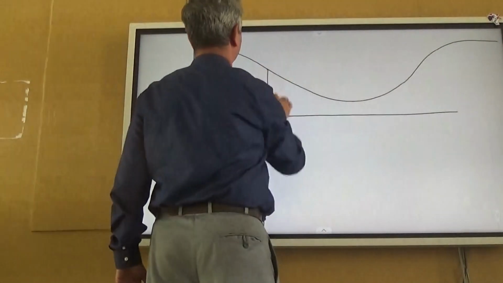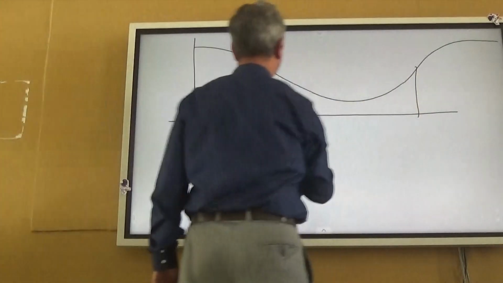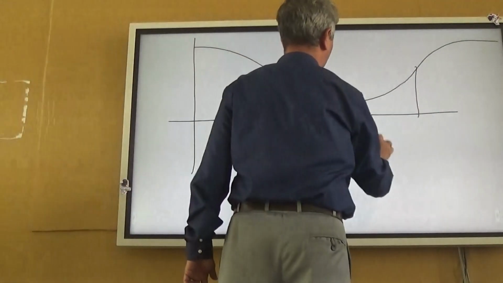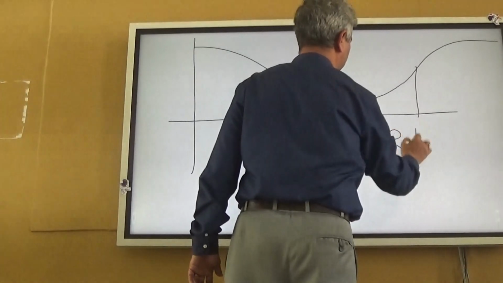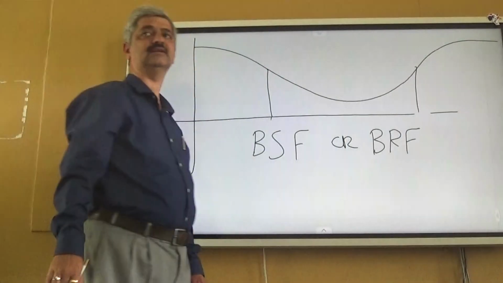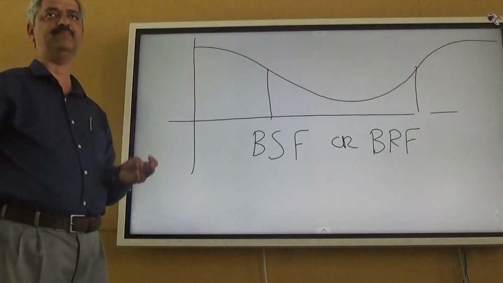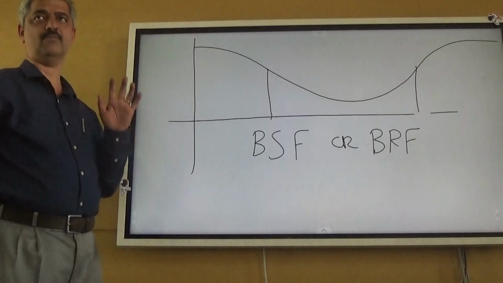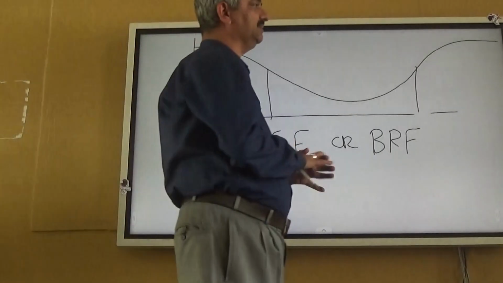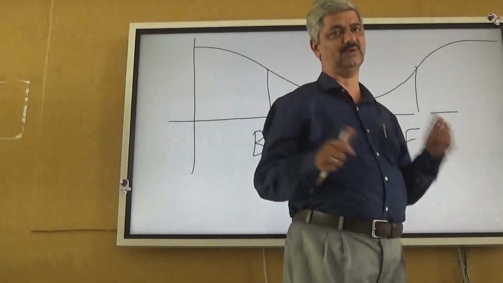So it is called a band stop filter or band reject filter. So low pass, high pass, band pass, band stop or band reject. So this is the filter, which is a frequency selective network.